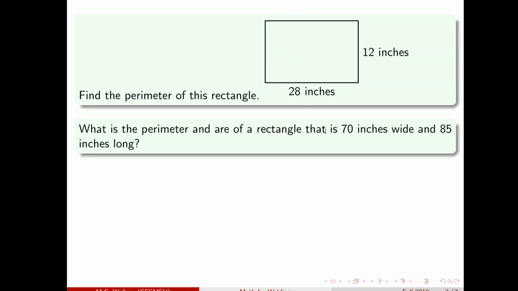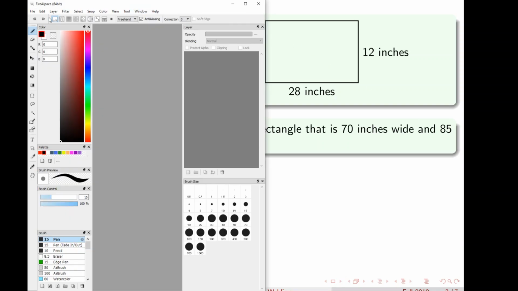The next question: we want to know the perimeter and area of a rectangle that is 70 inches wide and 85 inches long.